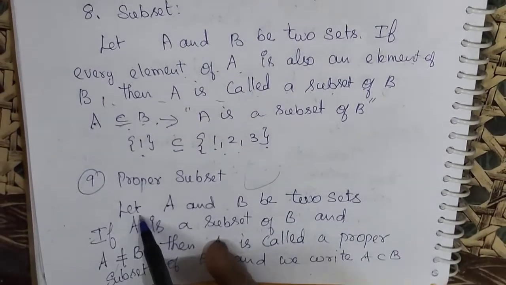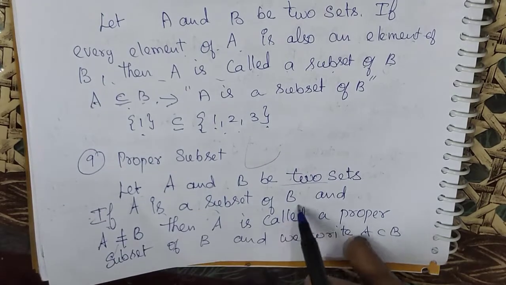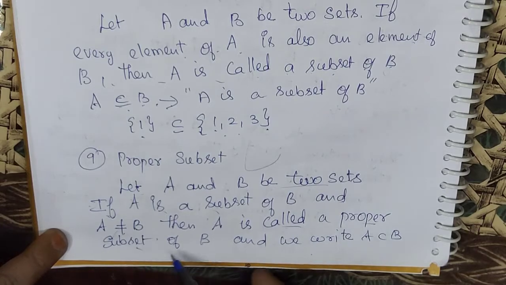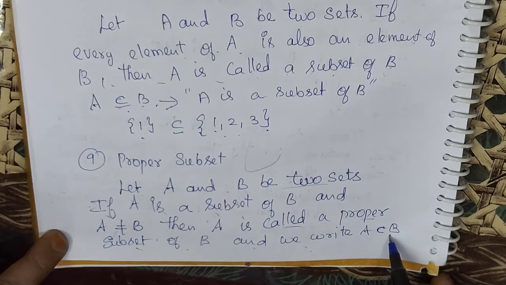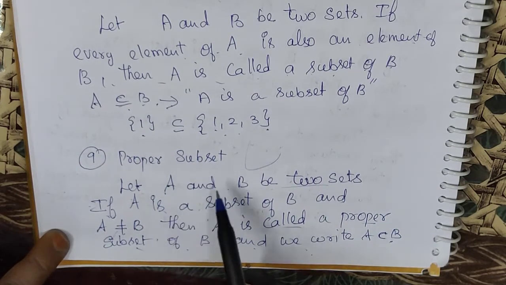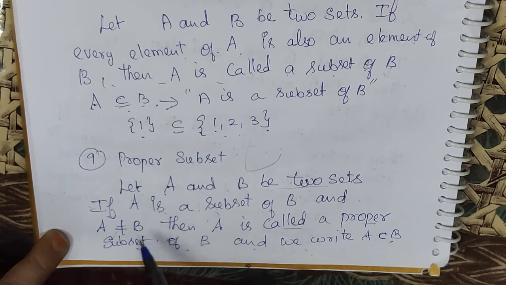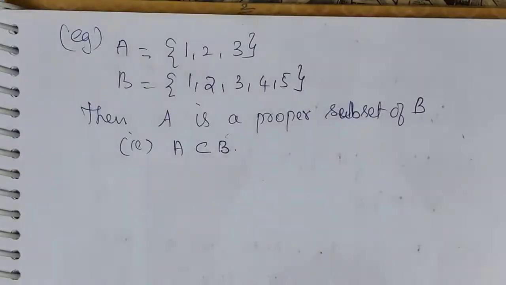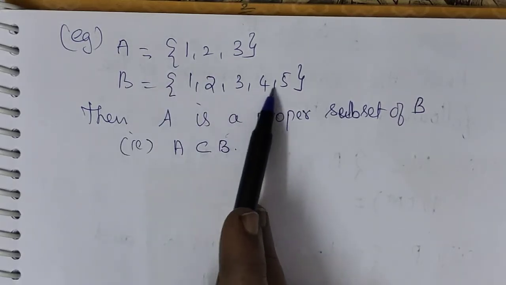And proper subset. If A and B are two sets, and if A is a subset of B and A is not equal to B, then A is called a proper subset of B. Here every element of A is also an element of B, but the condition for proper subset is A not equal to B. Example, set A equals 1, 2, 3, set B equals 1, 2, 3, 4, 5.